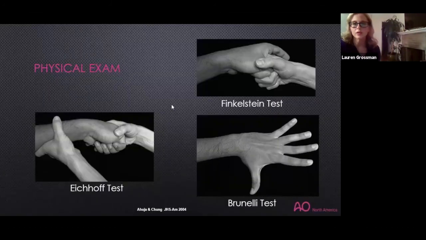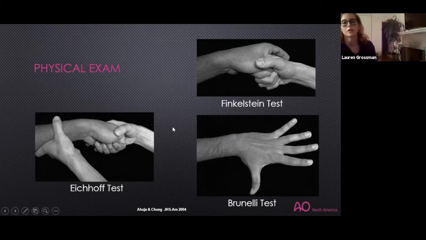So if you look here on the screen, here are some examples of the Finkelstein, the Eickhoff, and then there's the Brunelli, which is a different test as well, all to test for de Quervain's tenosynovitis. The Eickhoff test is what everybody considers to be the Finkelstein test, a common misconception.